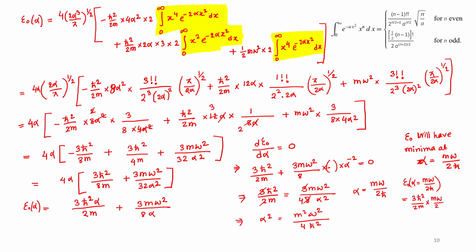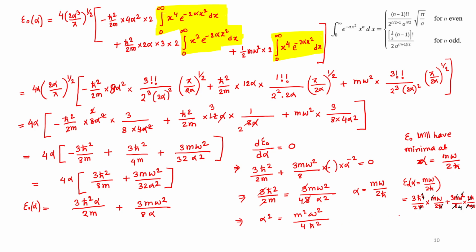omega by 8 into h by omega. So there h square on 4. Let's see.